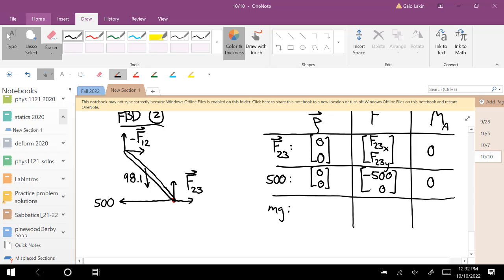That whole thing has a length of 1. So to get there, it's a distance of 0.5. So it's going to be 0.5 times cosine and sine of 120. So that is negative 0.25, positive 0.433.